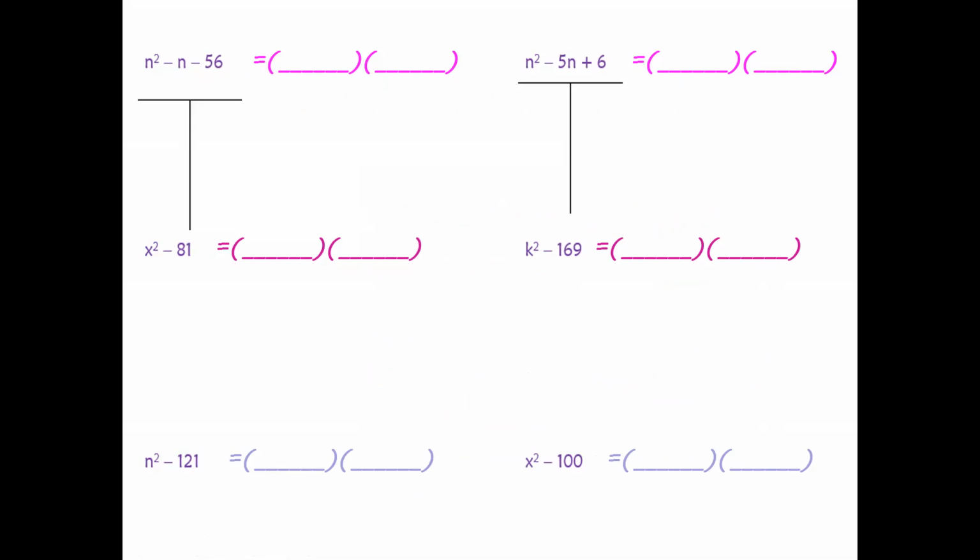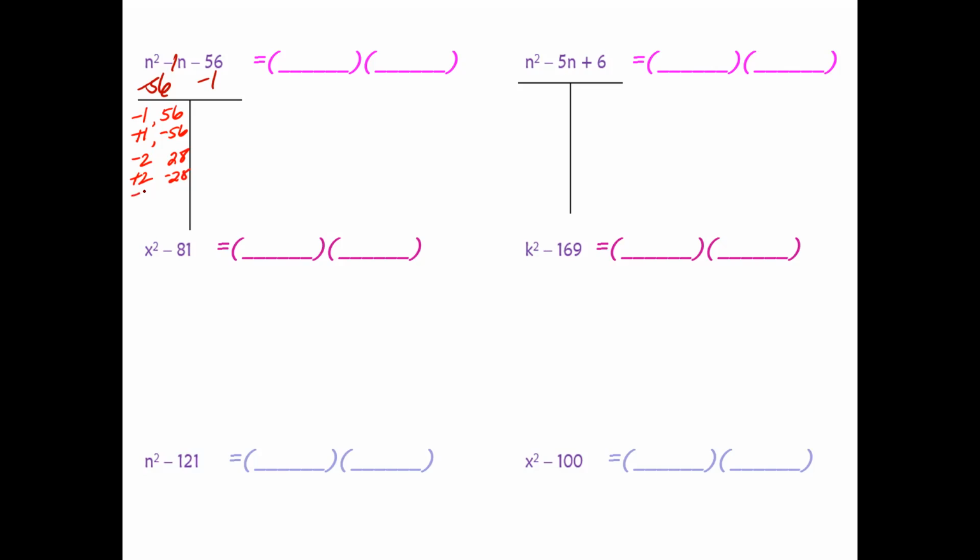Okay, so as I'm looking at this, my last number is a negative 56, and my middle number is a -1. So let's think of all the negative numbers that you can use and positive number to get a negative 56. So that's a -1 and 56, +1 and -56. You could do a -2 and a 28, +2 and a -28.